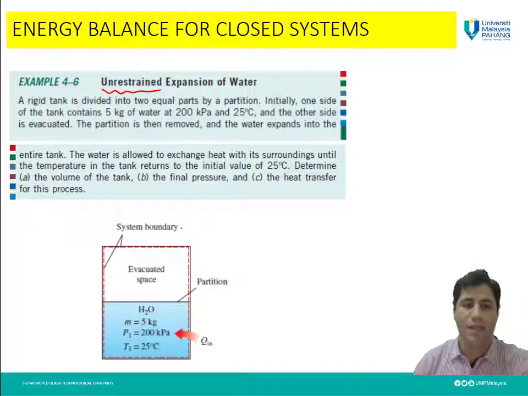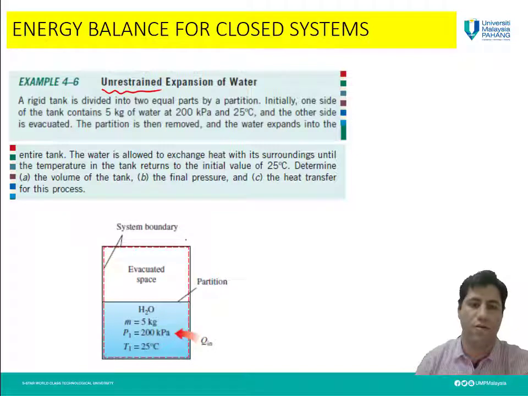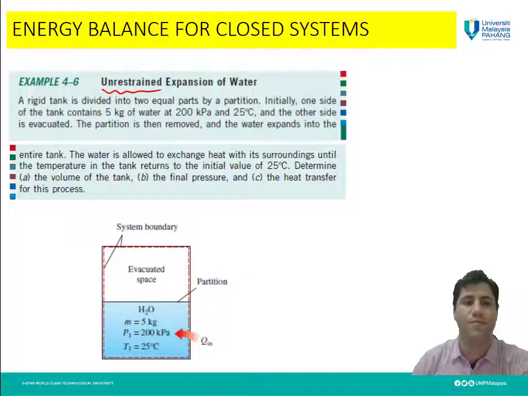We have a rigid tank, like what you can see in this figure. Rigid tank means the boundary or the border of that tank will not change, so the volume of the tank will not change. We have divided this tank into two equal parts. Initially, we have water in one part of this rigid tank, as you can see here, and we have evacuated the other side.